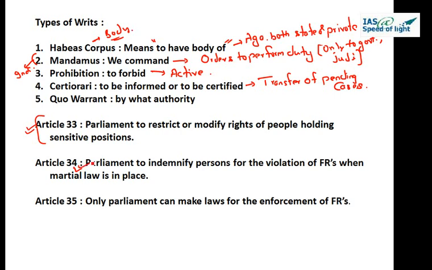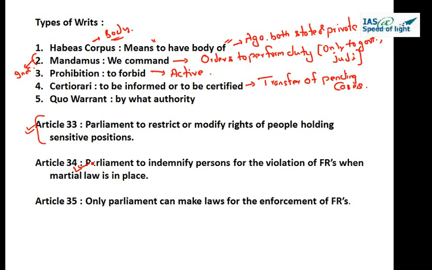Let's read Article number 35 on the same page. Legislation to give effect to the provisions of this part. It is telling us that only Parliament can make laws for the enforcement of the fundamental rights. Let's read it. Parliament shall have, and the legislature of a state shall not have, power to make laws with respect to any of the matters under clause 3 of Article 16, clause 3 of Article 32, Article 33 and Article 34, and may make laws prescribing punishments for those acts which are declared offences under this part.